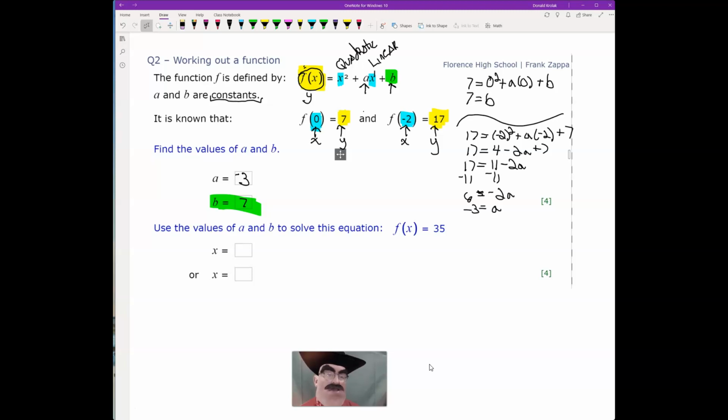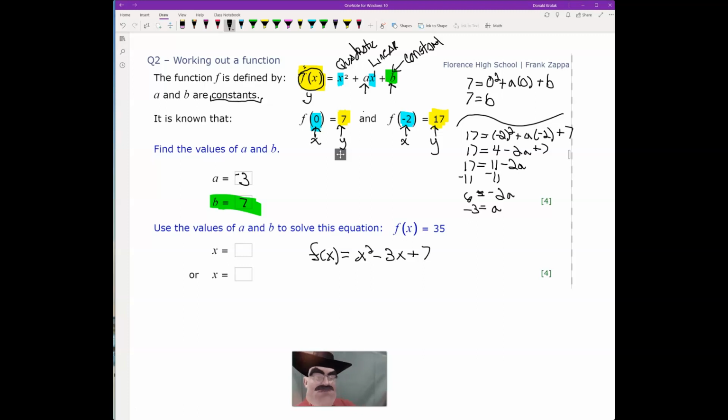And then the term that doesn't have a variable on it is called the constant. So now we have a full description of what f of x is. F of x is equal to x squared minus 3x plus 7.